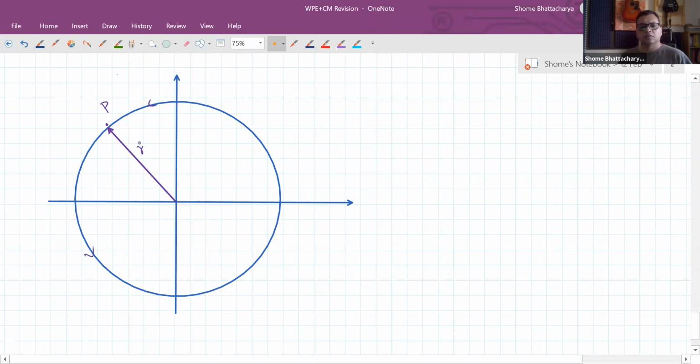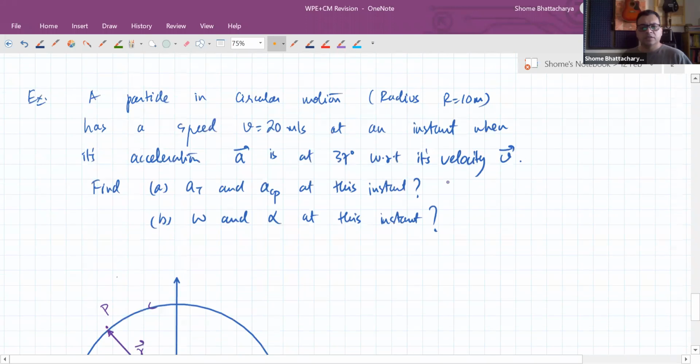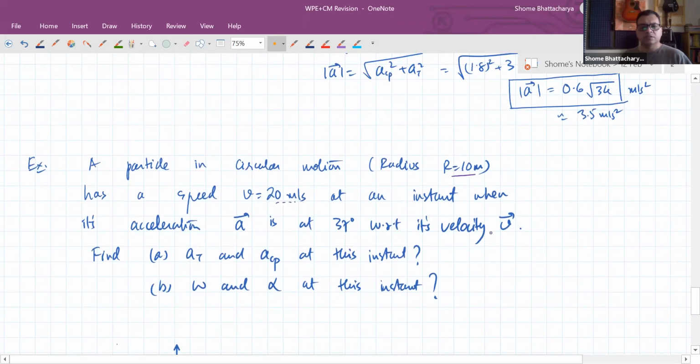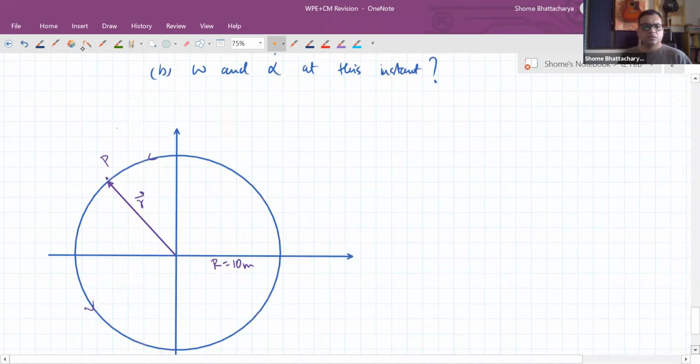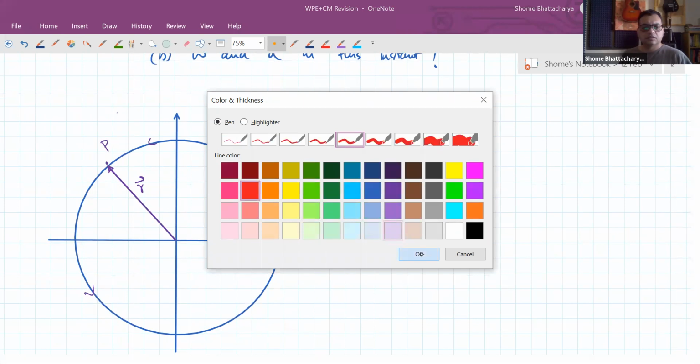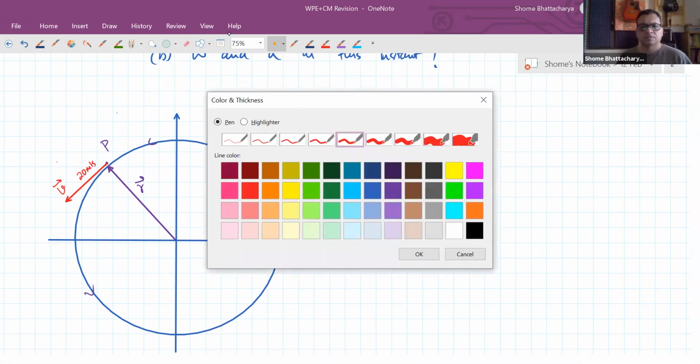Okay. In a circle of radius, I think we've taken it to be 10 meters. Yeah, in a radius of 10 meters, the instantaneous velocity is 20 meters per second at the instant when acceleration makes 37 degrees. Okay. So the velocity vector has a magnitude of 20 meters per second. So of course that's along the tangential direction. But also it is given to us that the instantaneous acceleration makes 37 degrees.